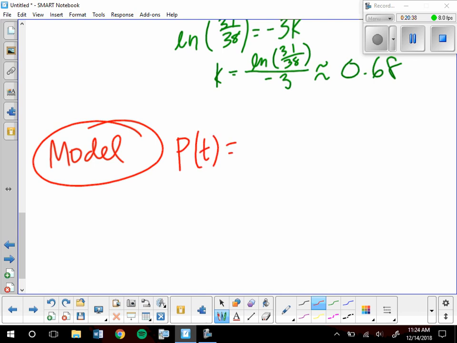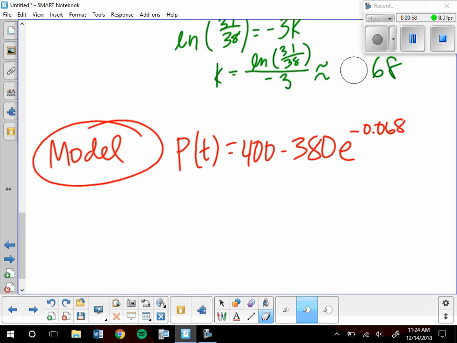We have population as a function of time is 400 minus 380 times e to the negative 0.068t. Oh, I need 0.068, my mistake. And there's our model.